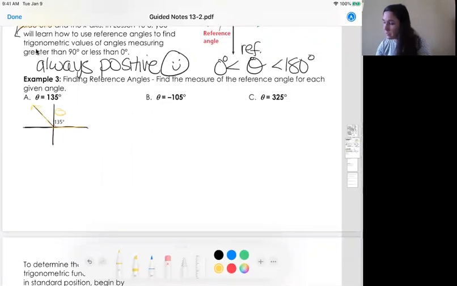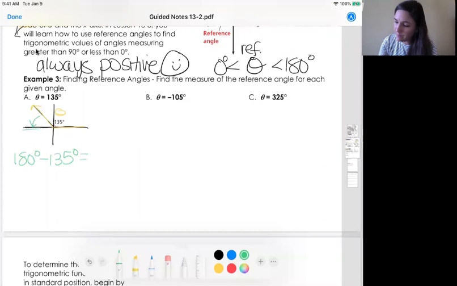The reference angle is going to be this angle formed between the terminal side and the x-axis. To find out what that value is, remember this entire x-axis is 180 degrees. So I can take 180 degrees and subtract 135, which gives me 45 degrees. So this reference angle here is 45 degrees.